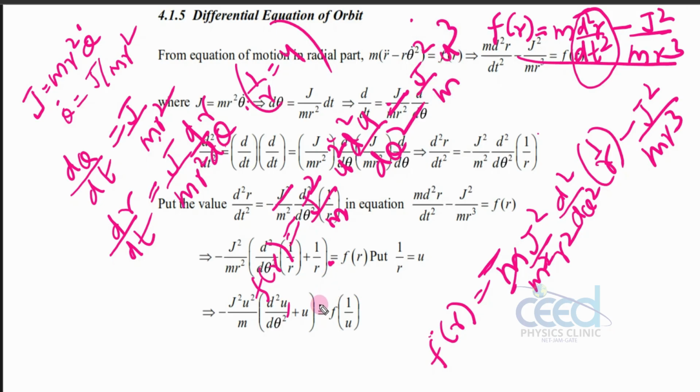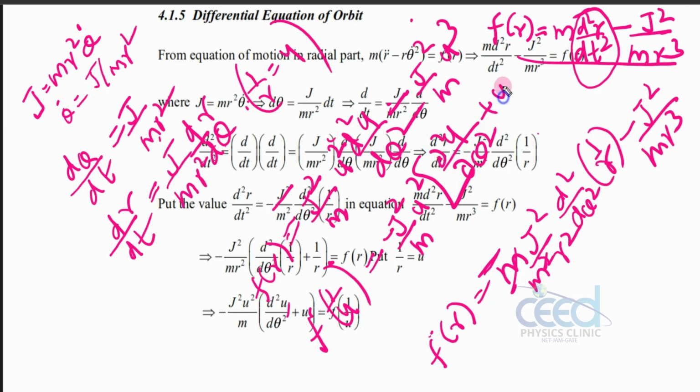Then f of r is equal to, right, r is 1 by u, then f of 1 by u I can write as f of 1 by u is equal to, I can take minus j square by m u square out. What is d square u by d theta square plus u only inside, right?